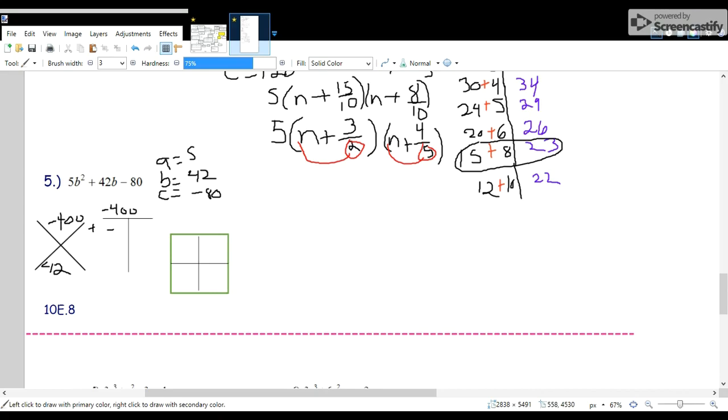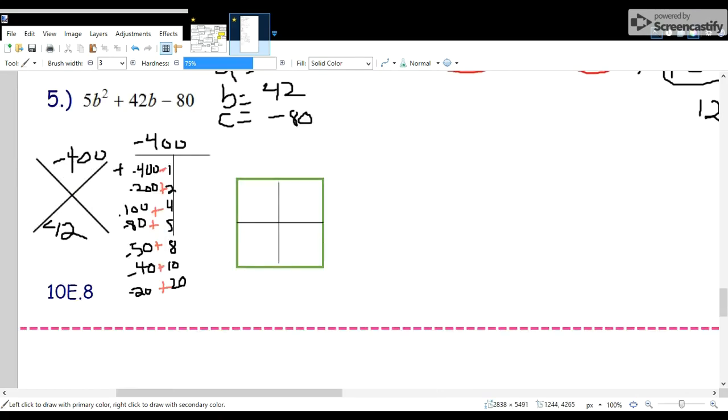So go ahead and fill out your table. Okay, so we have the factor pairs written out. Let's go ahead and find their sums. So I have negative 399, negative 198.